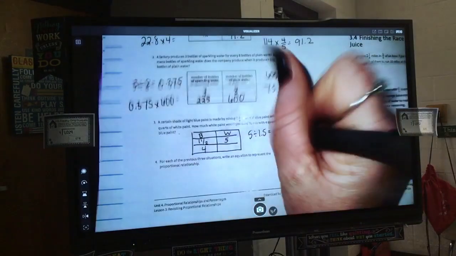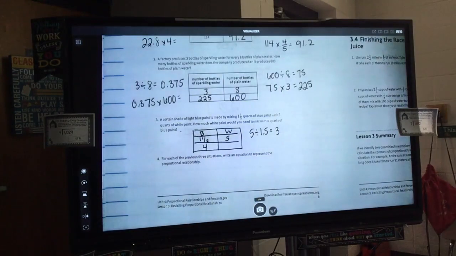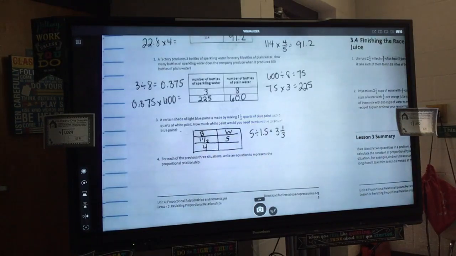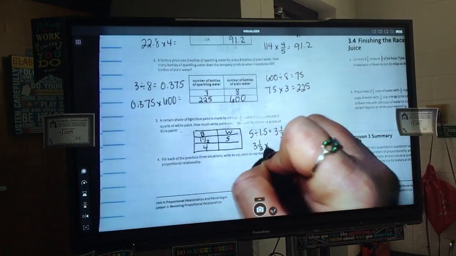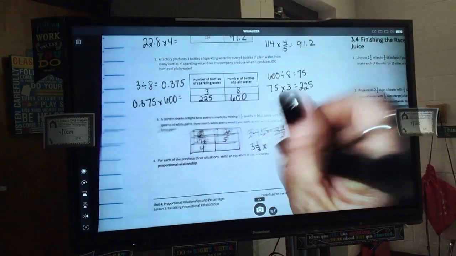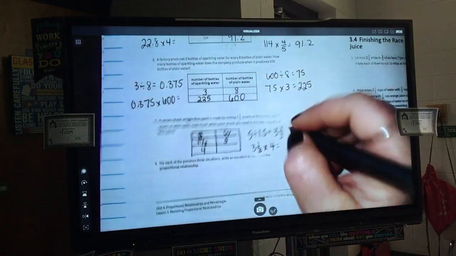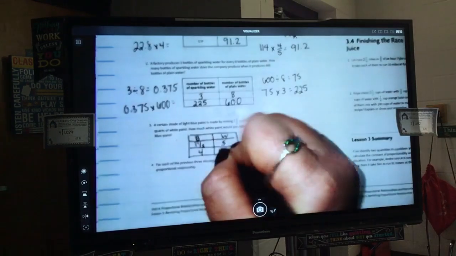Nope. 3 and something? Which is the same thing. Okay, then you take 3 and 1/3 and you multiply by 4. And you end up with 13 and 1/3. So your answer is 13 and 1/3.